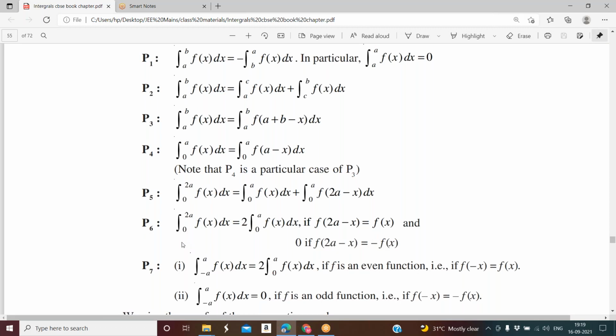This is one of the important properties. Here in the upper limit we have 2a. This can be written as 2 times integral 0 to a f of x dx provided f of 2a minus x equals f of x. And if f of 2a minus x equals minus f of x, then the integral value will be 0.